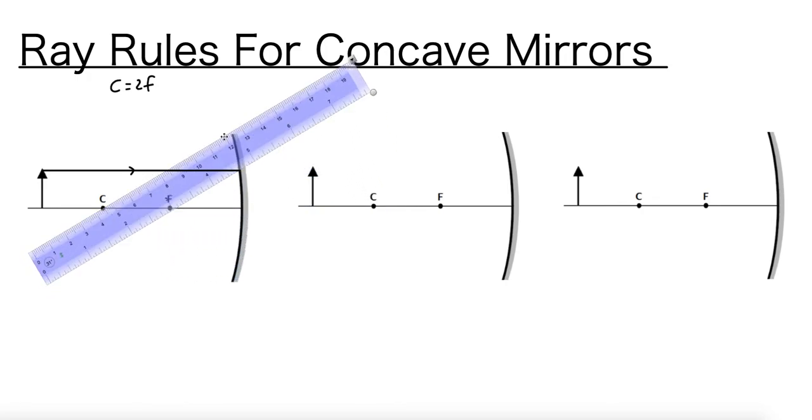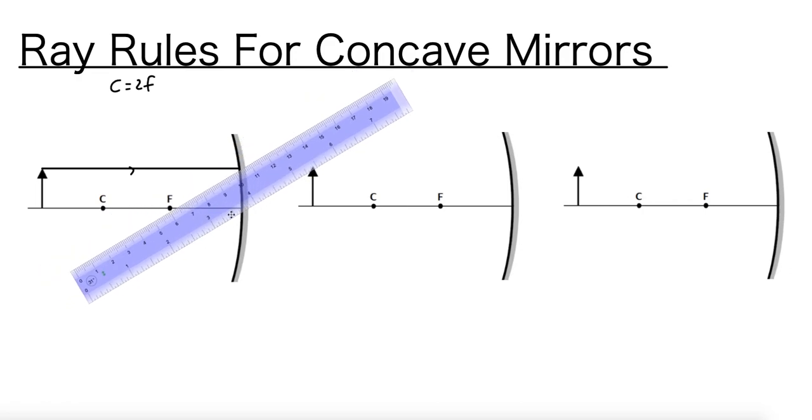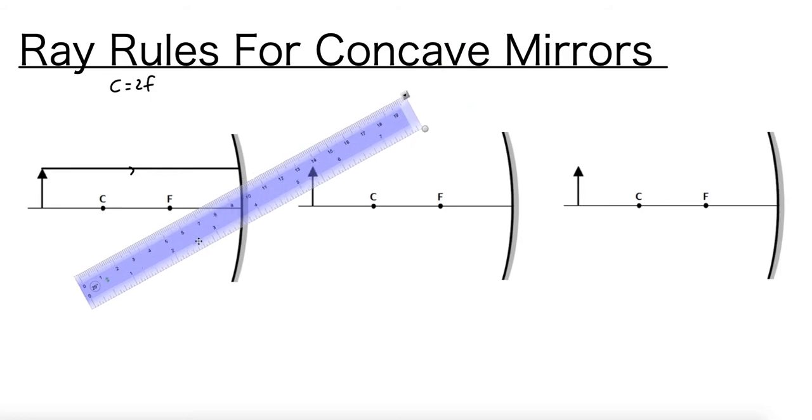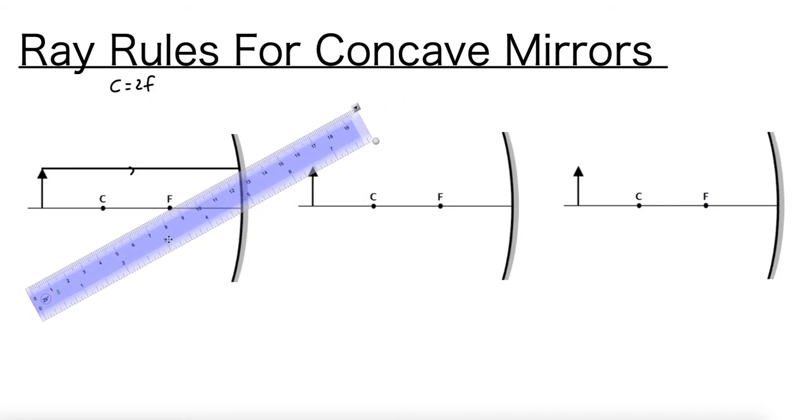So you take your ruler, not your ray, and line up the ruler with the intersection of your oncoming ray and the focal point. And then you just draw your reflected ray.